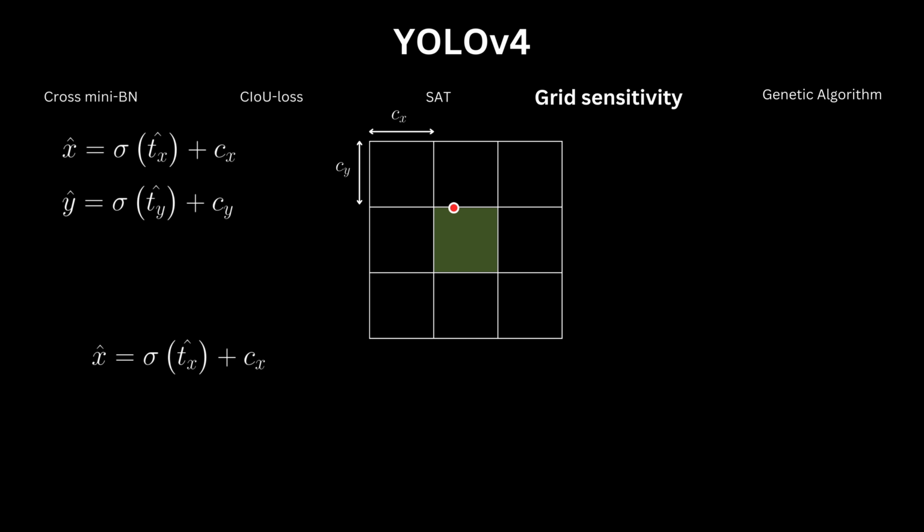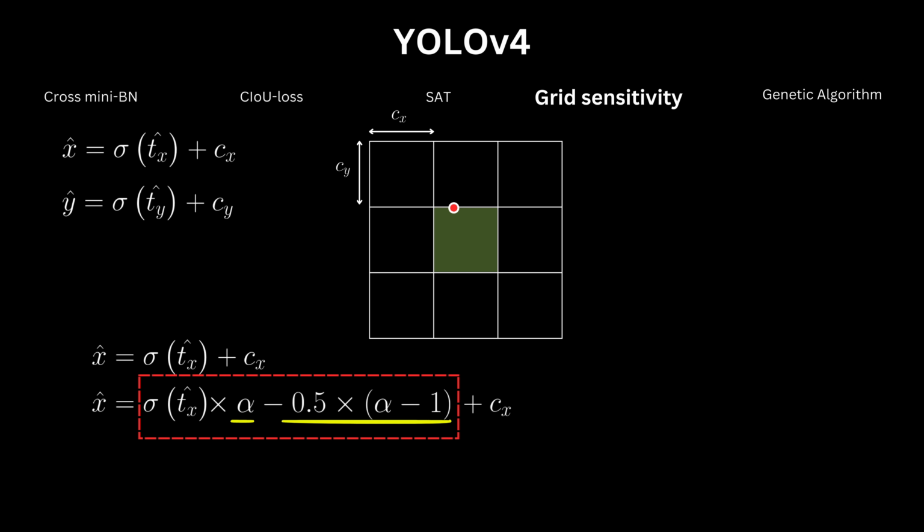To reduce this effect of grid, the authors of YOLOv4 changed this location offset prediction from adding output of sigmoid to Cx or Cy to this. So we multiply the sigmoid output by a scaling factor alpha and simultaneously subtract 0.5 times alpha minus 1. Essentially, this whole part changes the range of values that are added to Cx or Cy.